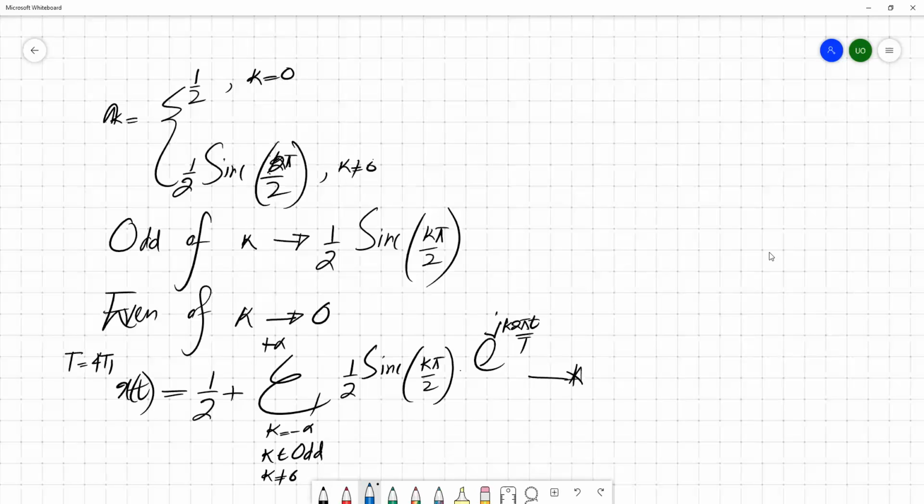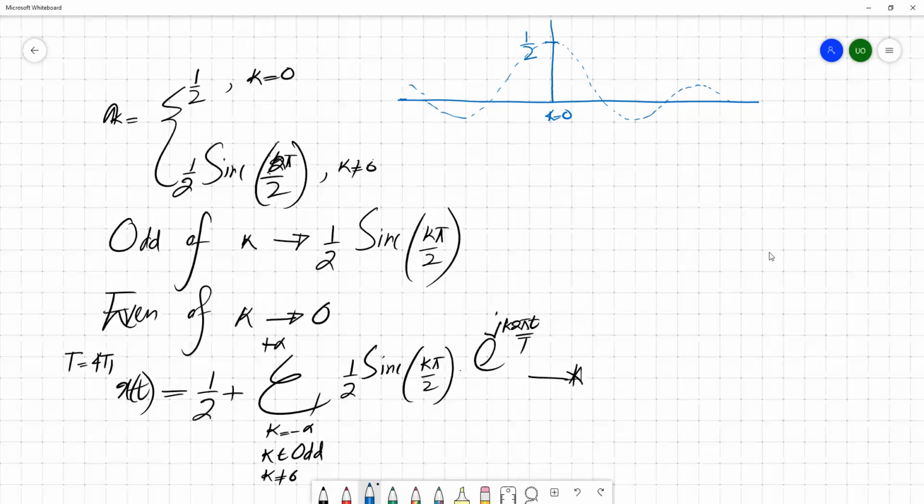So this is a real number. These are two real numbers. So if you want to plot the magnitudes, at k equals 0 we have half, and for the rest of the k values it simply follows the sinc function.